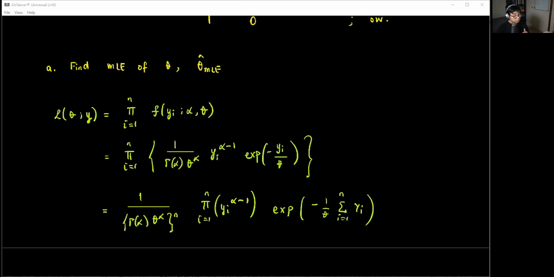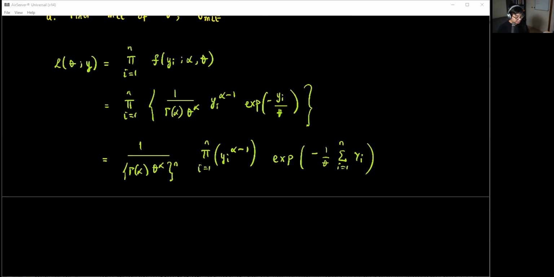Okay, so what we're going to do now is we're going to take the log of the likelihood, all right? And if we take the log of the likelihood, then I think this problem should fall apart fairly easily. So the log of the likelihood, this should be theta and also alpha as well, I suppose, right? Okay, let me fix that up here as well. Okay, let's see what happens when we take the log.